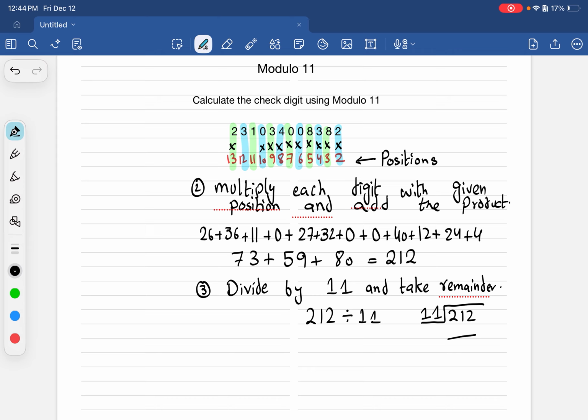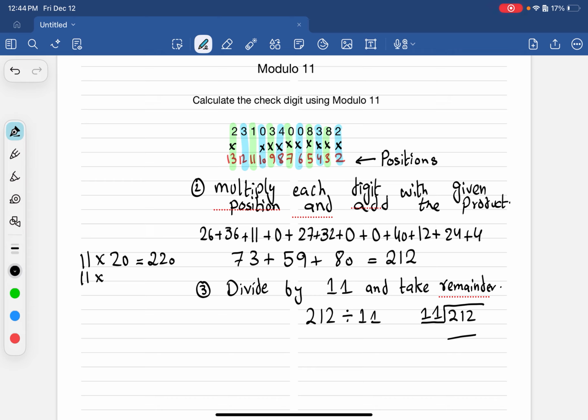Okay, so be sure you are able to divide 212 with 11, and again we don't need the final answer, all we need is just the remainder of this calculation. Okay, an easy way of doing that is try to get as close to 212 as much as possible. So the one number that came to my mind is, let's try to multiply 11 by 20, right? So what's 11 times 20? 11 times 10 is 110, so 11 times 20 is going to be 220, right? Now that's greater than this, right?